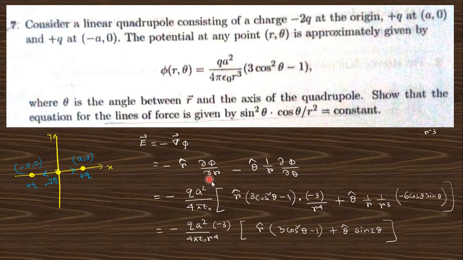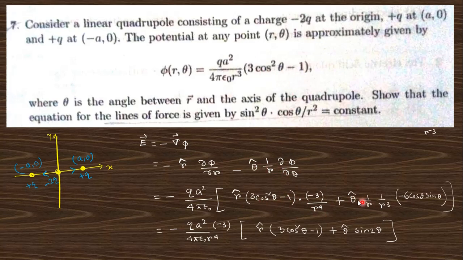Either way, r and theta will be the same. So this is r cap del phi del r, and this is 1 by r theta cap del phi del theta. Here q squared over 4 pi epsilon naught is a constant taken as common. For r cap, del phi del r, if you differentiate with respect to r, you get minus 3 by r to the power 4, and this as a constant.